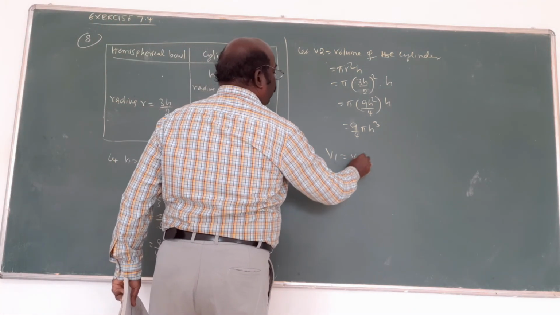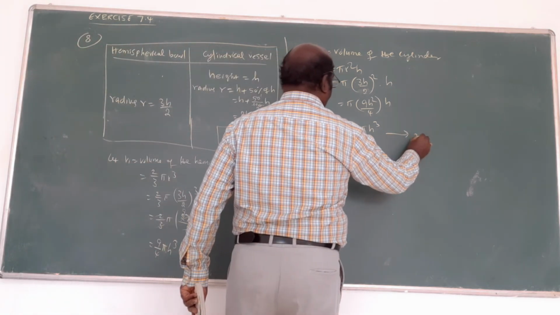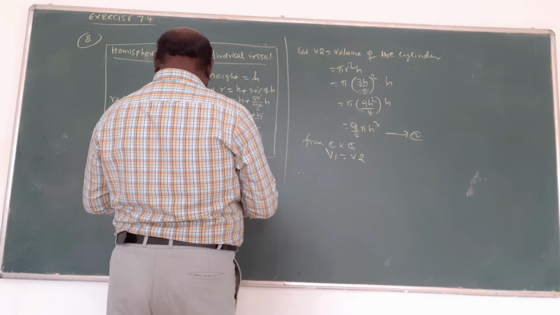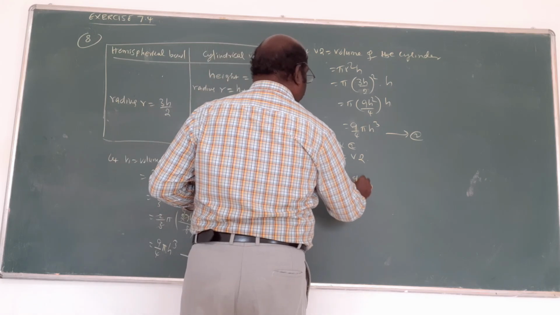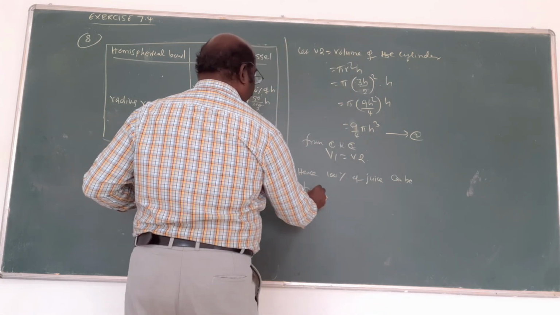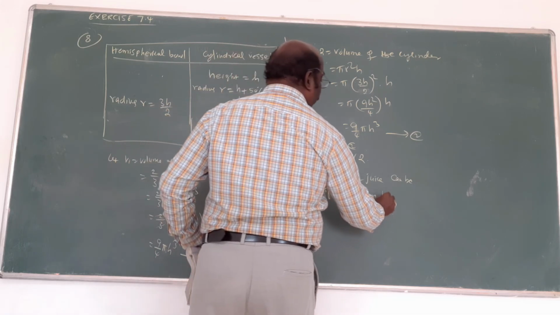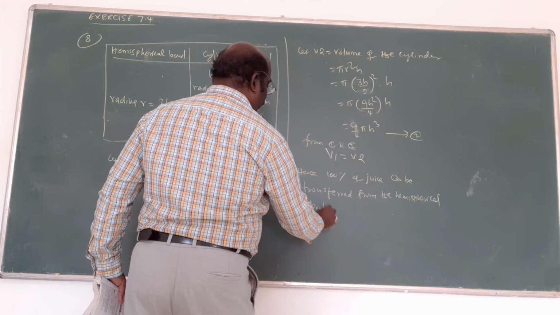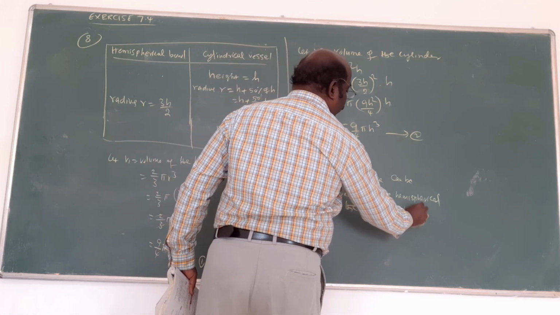Therefore, V1 equals V2. Hence 100% of the juice can be transferred from the hemispherical bowl to the cylindrical vessel. That's all.